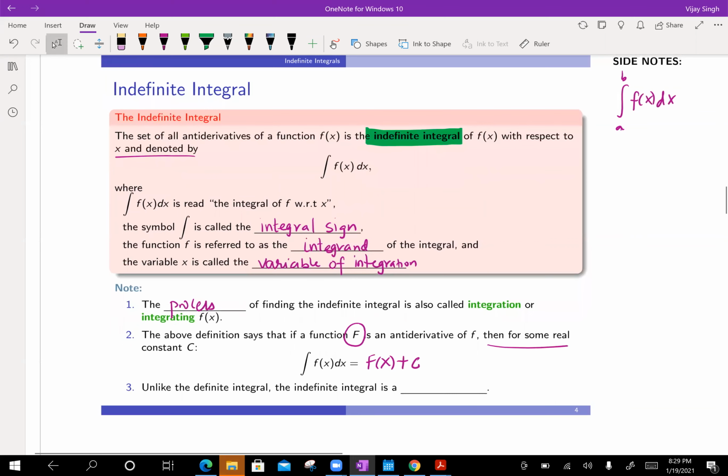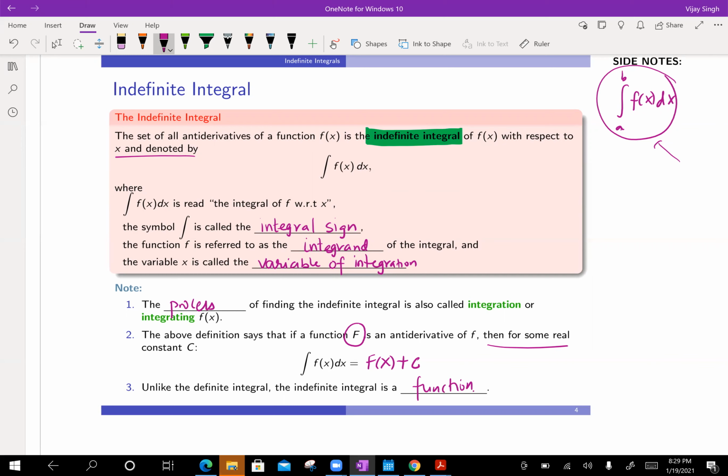Unlike the definite integral, which, with constant upper and lower limits, was not a function but a value, a number, the indefinite integral is always a function. So this is the setup for the indefinite integral.